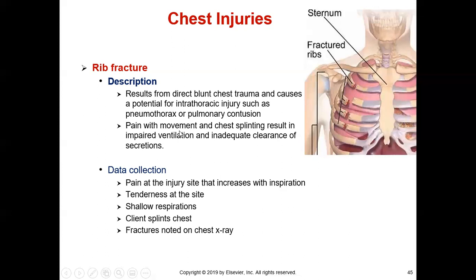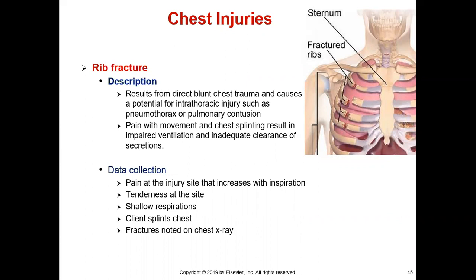Pain with movement and chest splinting result in impaired ventilation and inadequate clearance of secretions. So secretions accumulate. The alveolar sacs will be full of fluid or blood, and they will not contract or relax as normal. Also, the patient complains of chest pain.